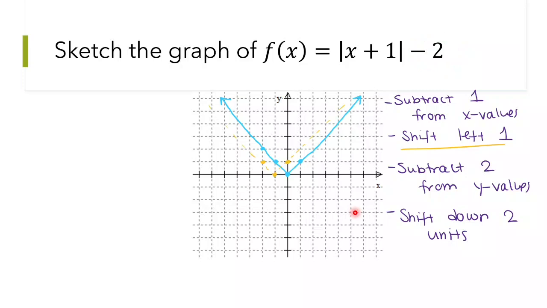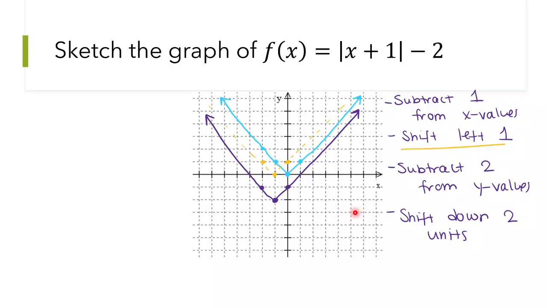I'll do the shift left one first. So I took my absolute value V, and I shifted it to the left 1 unit. And then to finish, I'm going to take that result and shift it down 2 units. And in purple is my final answer. That's what the graph of f of x equals absolute value of x plus 1, minus 2 looks like.